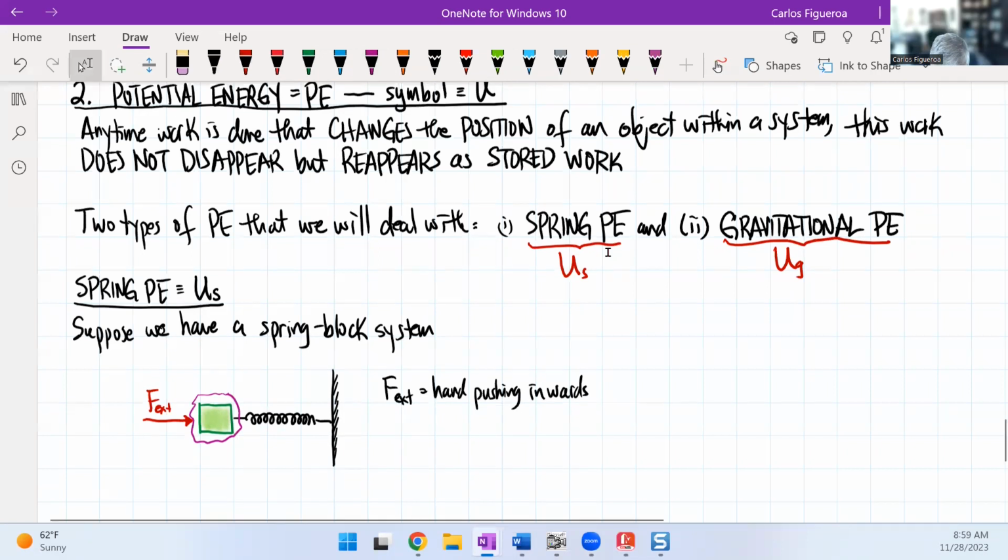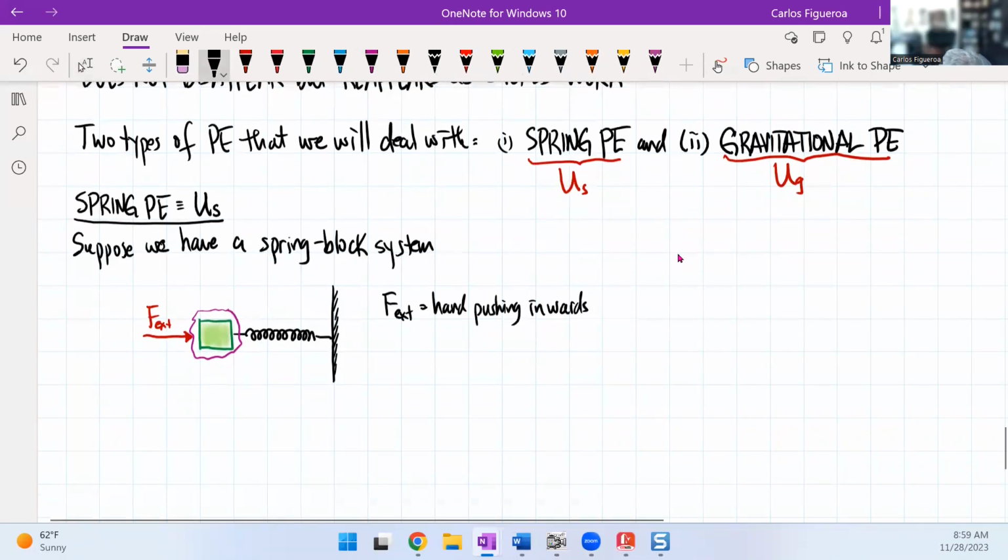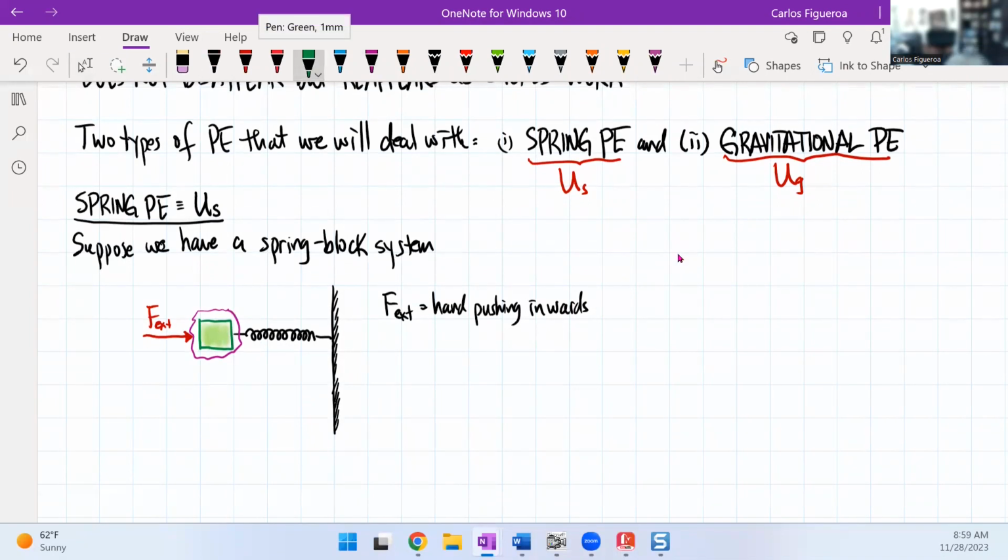As I compress this, I could imagine that maybe I compress it to this distance here. And what you're seeing is that I have now moved this block this distance from here to there.